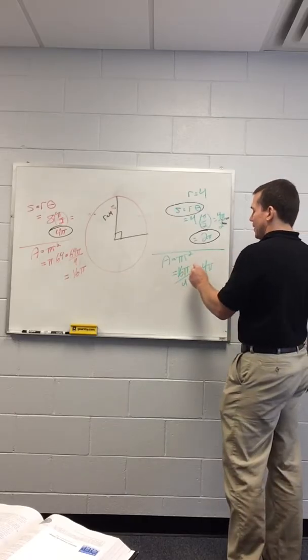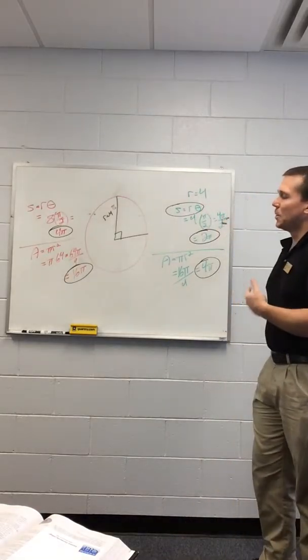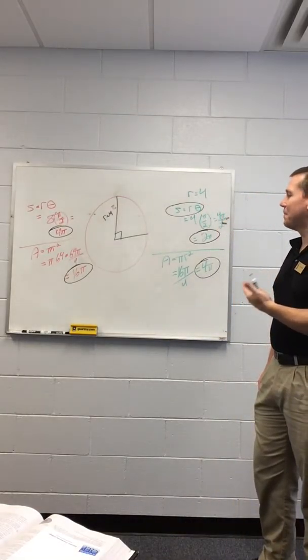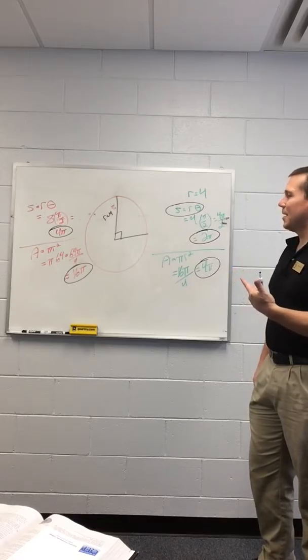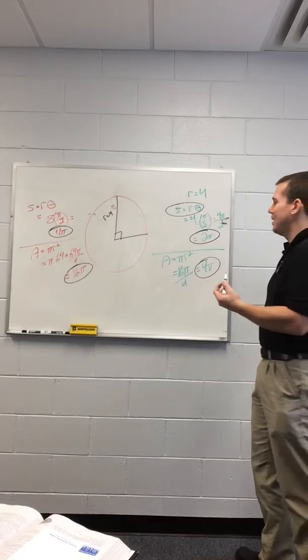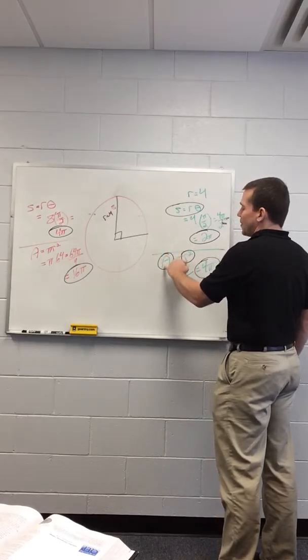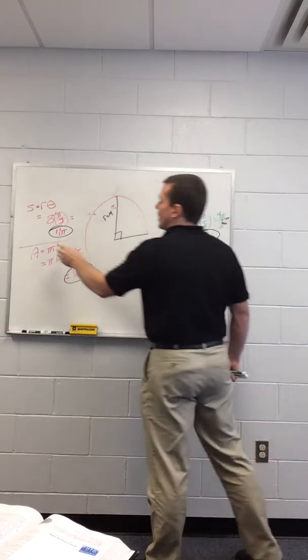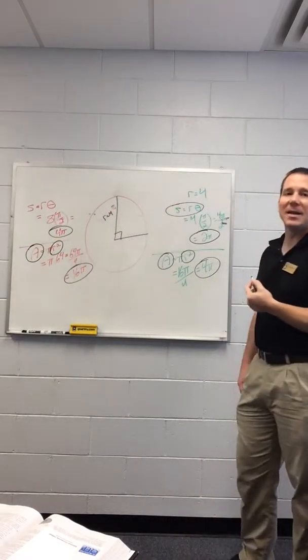In terms of sector, it was 4 pi, now it's 16 pi. Well, it didn't double, it actually multiplied by 4, which means it quadrupled. And again, the idea is similar in terms of variation. Now these things are related, not directly, but this is actually squared, which results in everything getting quadrupled when you double the radius.